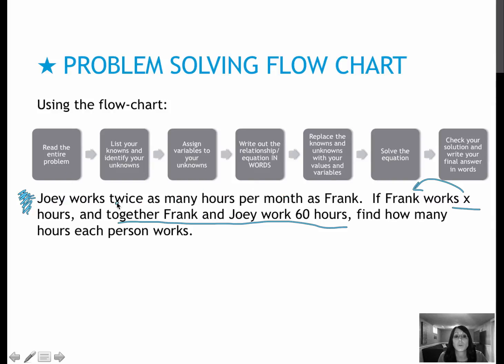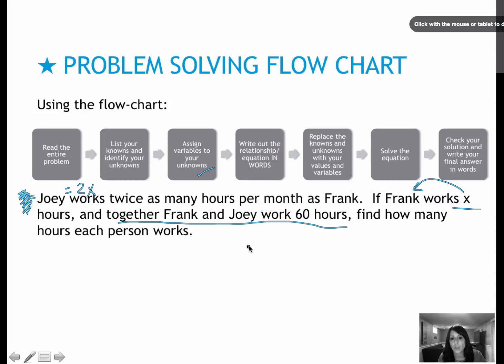Well, Joey works twice as many hours as Frank, and if Frank works X, then doesn't Joey just work 2X? So that would be my known is together they work 60. My unknowns are Joey's hours, which I've now said is going to be equal to 2x, and Frank is going to be equal to x. So I've assigned my variables.